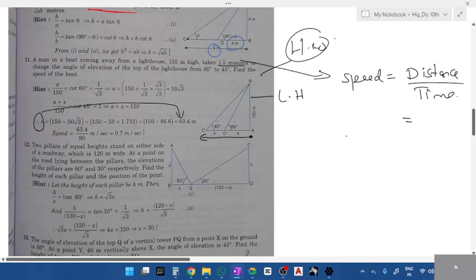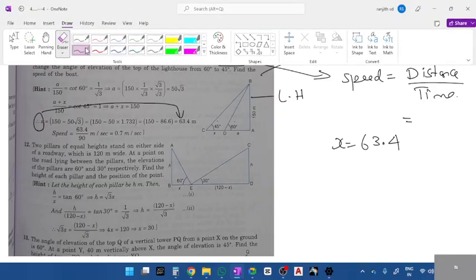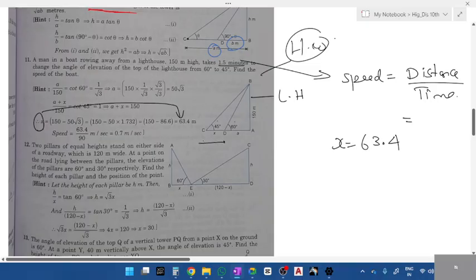What's the value of x we have got? x is equal to 63.4. So a man doesn't start from point A, it is actually from point D. So from point D to point C, the value is x. If you want to find the speed, speed is equal to 63.4 divided by the time taken, 1.5 minutes.